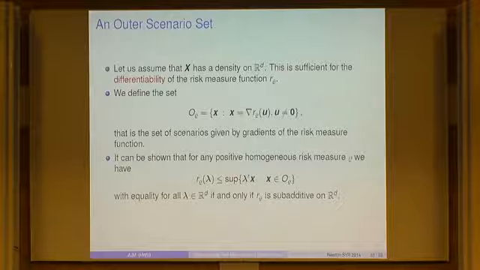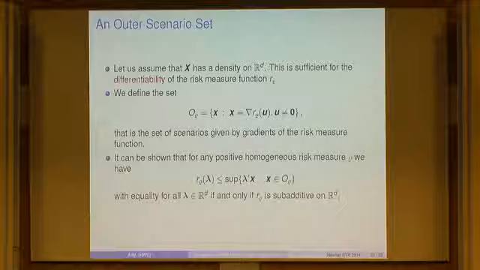So here you do get the upper bound. It's bounded above by the worst case of lambda transpose X for scenarios X in this set O, which are the gradients. And once again, you have equality for all possible lambda if and only if this risk measure function is a subadditive function on R^d.